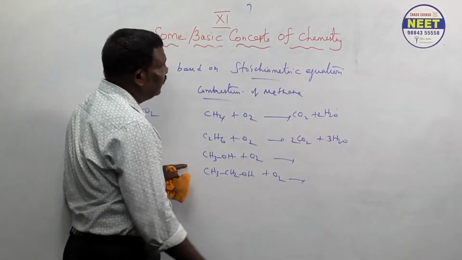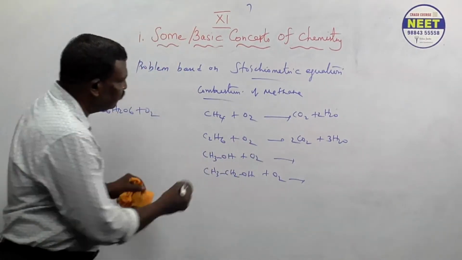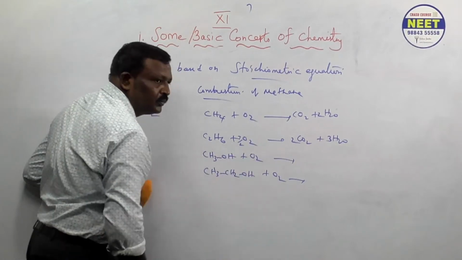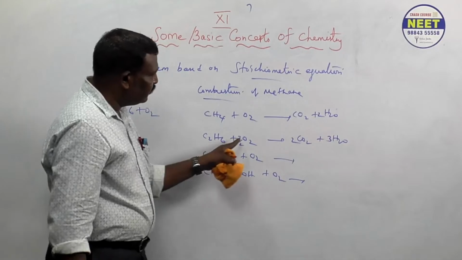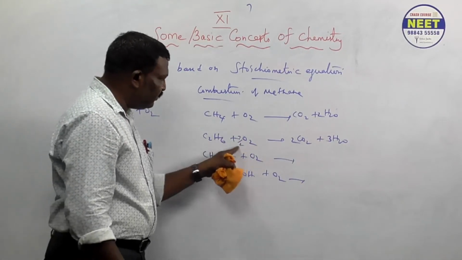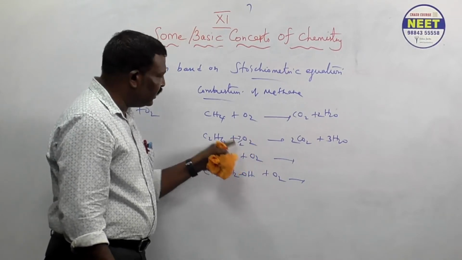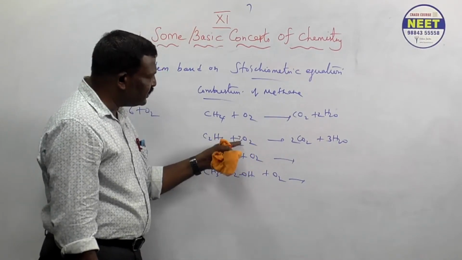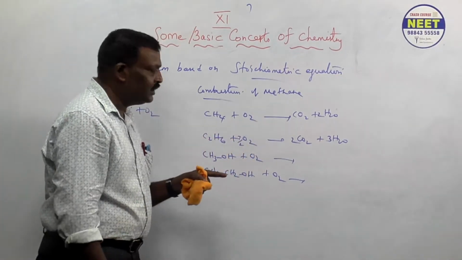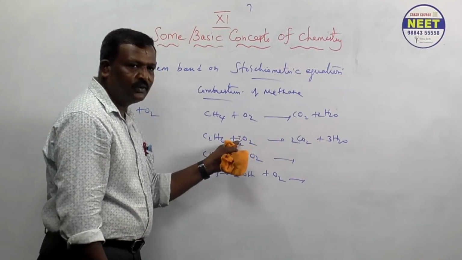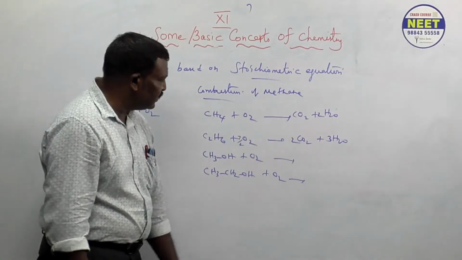If you want to make 7 here, you put 7 by 2. 7 by 2 into 2, the 2 cancels and we have 7. Similarly 5 by 2, 3 by 2, 1 by 2. Odd number only by 2. Now this is the way to balance the equation.